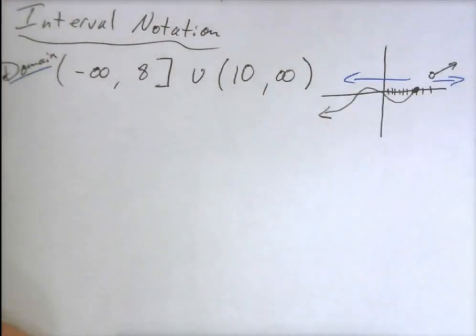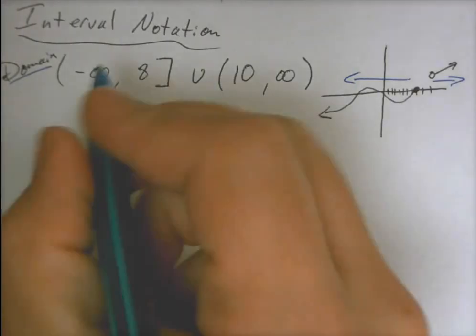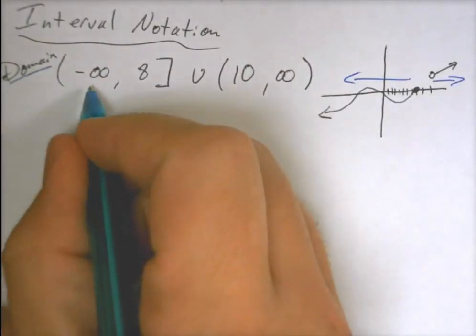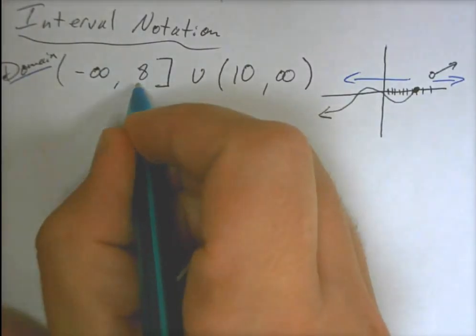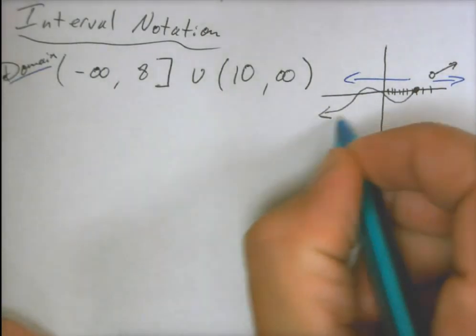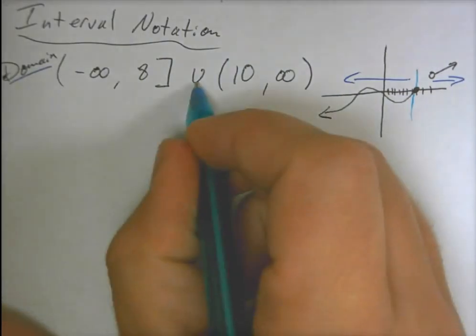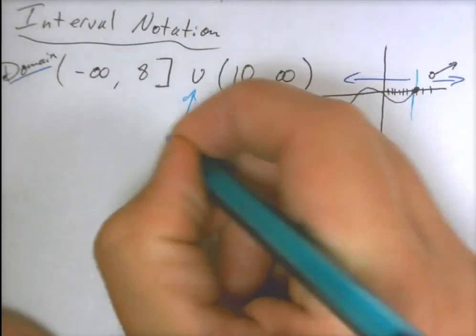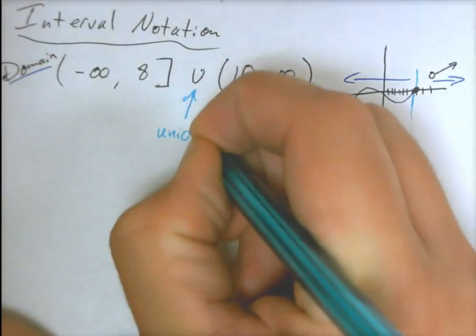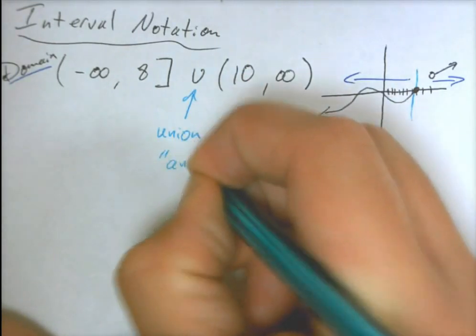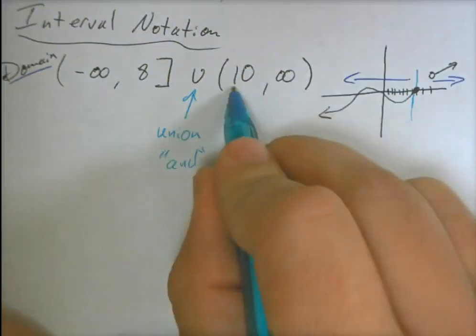But don't forget, if it's an open dot, that means that 10 is not included. So all this means is from negative infinity to 8, so everything from negative infinity all the way up till I get to 8, and then this little U right there, that means union, which pretty much in math just means and, from 10 to infinity.